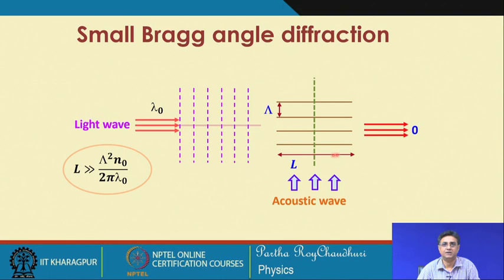If it is large, quantitatively that is given by this: if the effective width of interaction of the light wave with the acoustic wave, given by L, is more than this quantity, where capital lambda is the wavelength of the acoustic wave, lambda is the free space wavelength of the light wave, and n0 is the unperturbed refractive index of the medium.